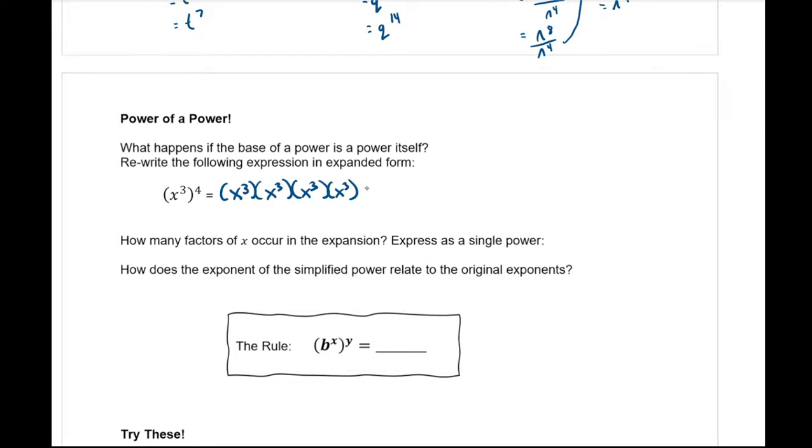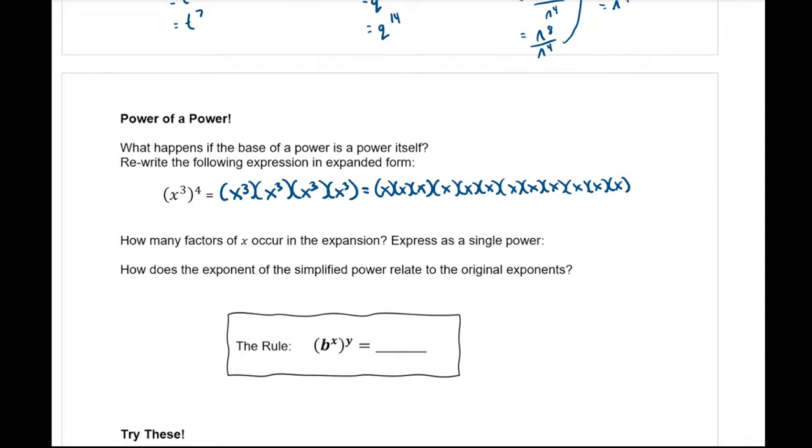If I want to continue to expand this, I know that x to the power of 3 means x times x times x, and I need to repeat that 4 times. So another group of 3 x's, a third group of 3 x's, and finally a fourth group of 3 x's.